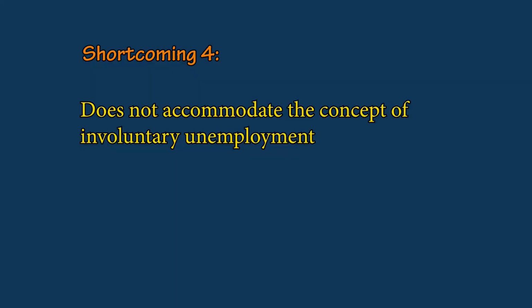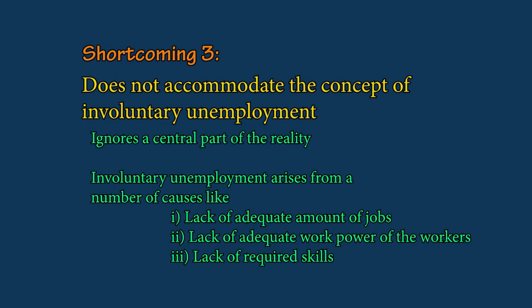Regarding shortcoming 4, it was said that this model does not accommodate the concept of involuntary unemployment. In fact, this is a serious shortcoming because if you do not accommodate the concept of involuntary unemployment, you are actually ignoring a central part of reality.